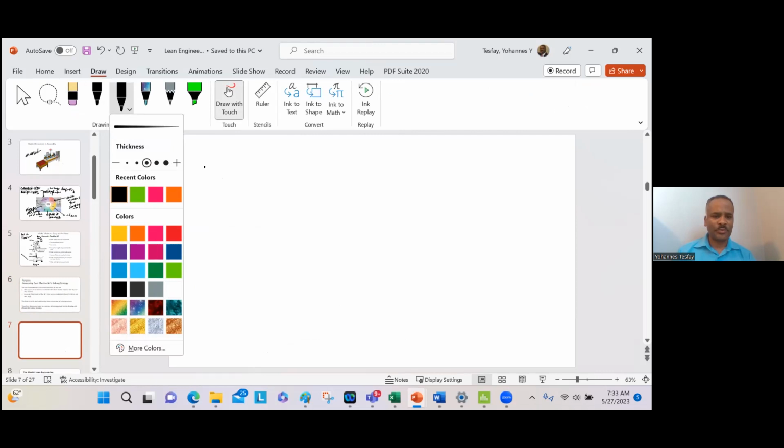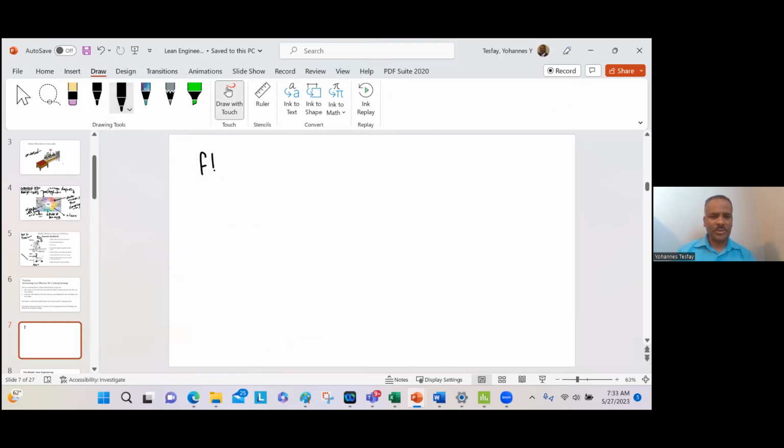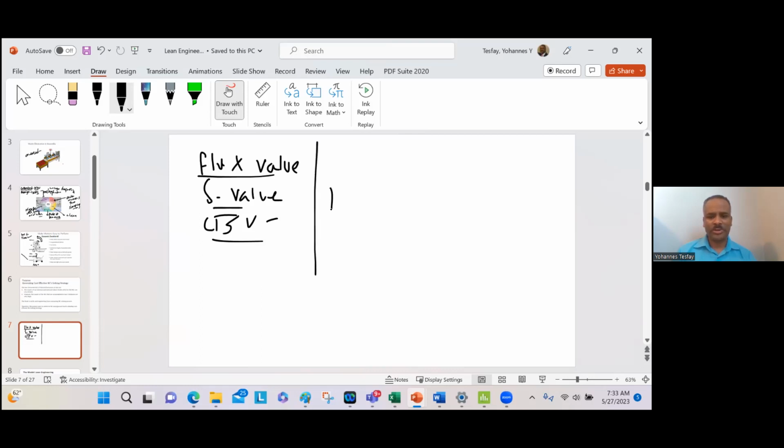We have flex valves, solenoid valves, counterbalance valves, and so forth. These parts are 100% critical.